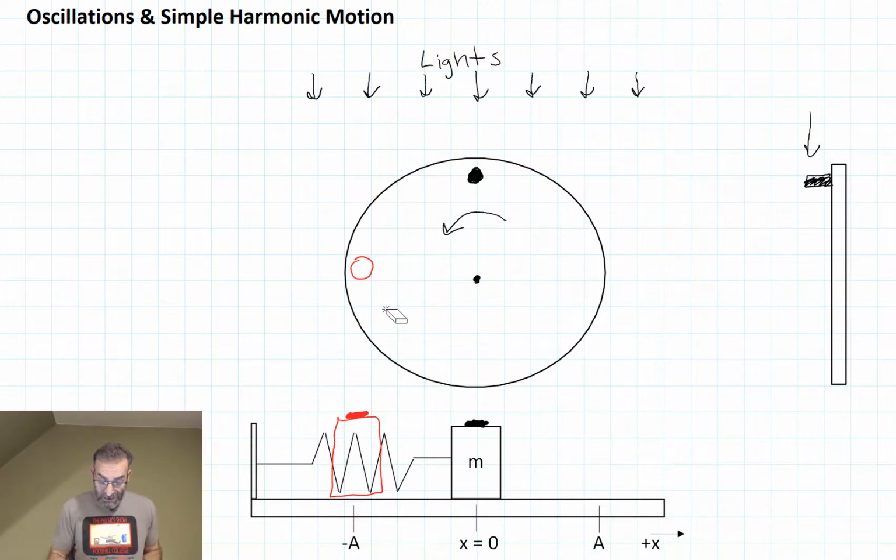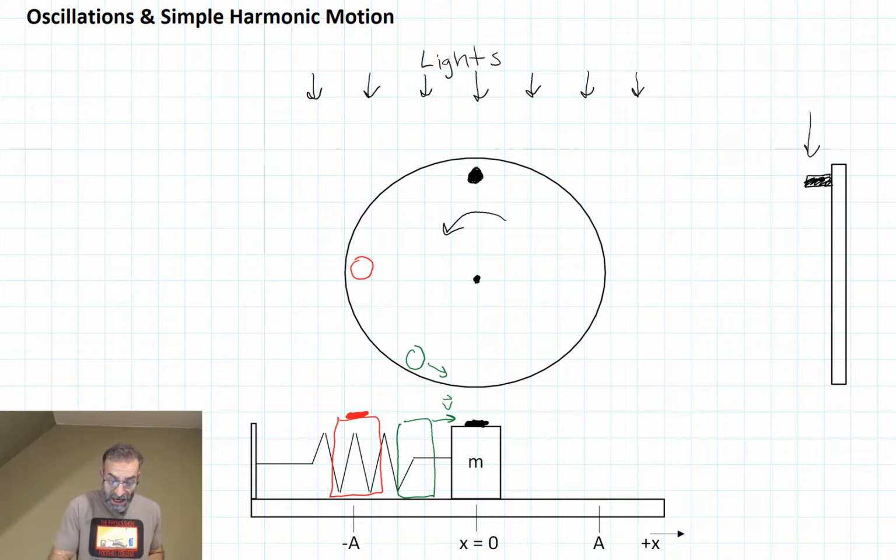An instant later, my box is going to be over here, moving in this direction. Where's my peg going to be? My peg is going to be over here, and the shadow is right on top of the box, moving with the same speed as the box.